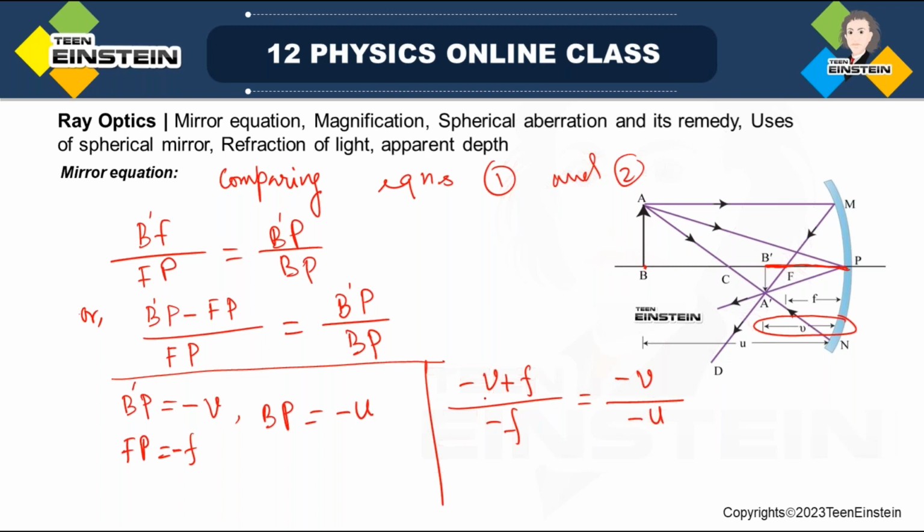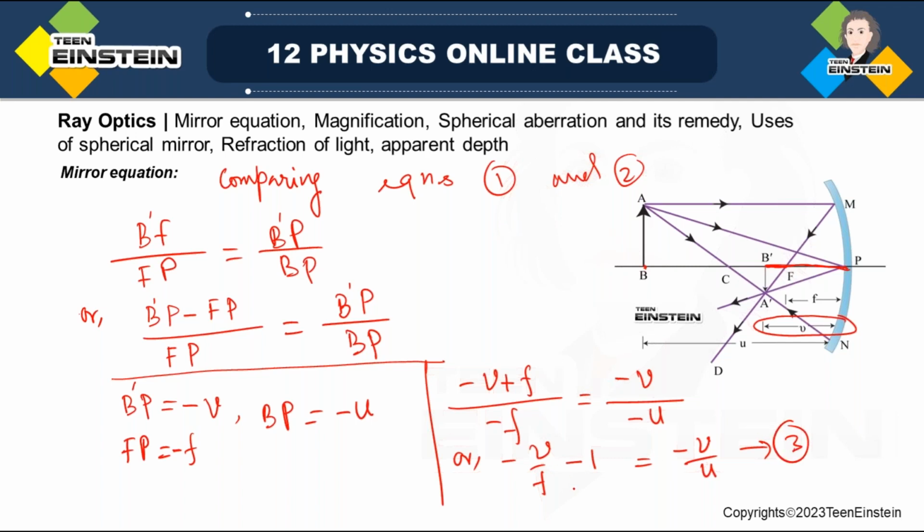Now if we divide this V by F, this will be minus 1 on the left, and on the right side minus V by U as it is. This is equation number 3.